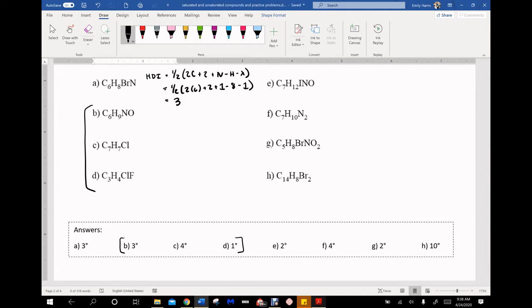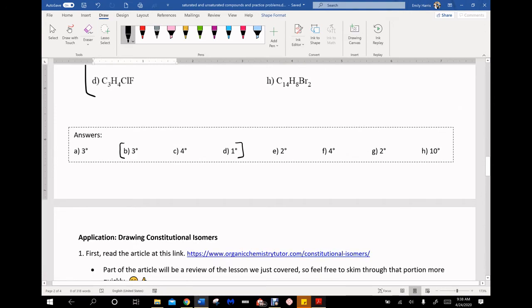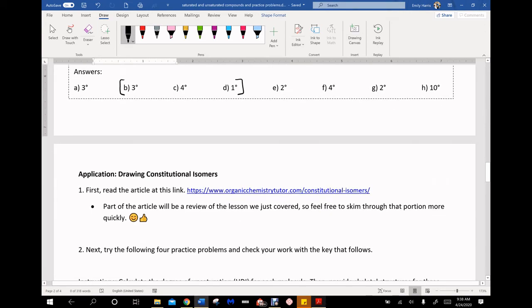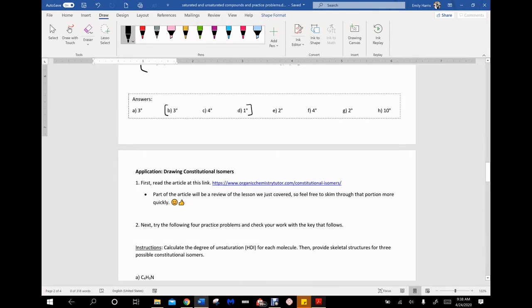All right, welcome back. So the last thing you're going to be doing for your individual practice today is applying what we've learned about unsaturation to a topic called drawing constitutional isomers.